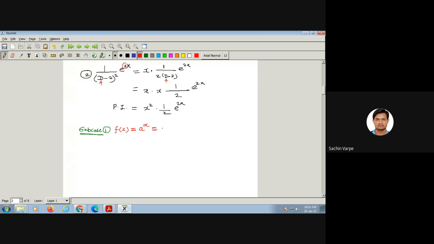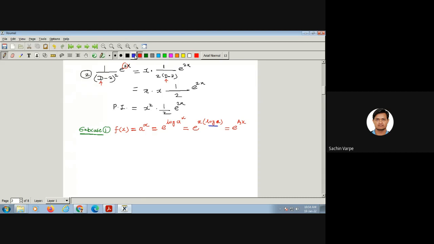Or is this correct? e to the power log of a to the power x. Is this correct? Can I write it like this? And using the log property, I can write this further as e to the power x into log a. And if I denote this log a by capital A, then what I'll get is e to the power capital A x.